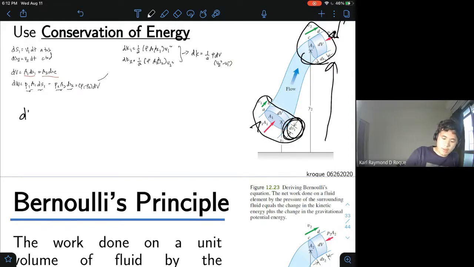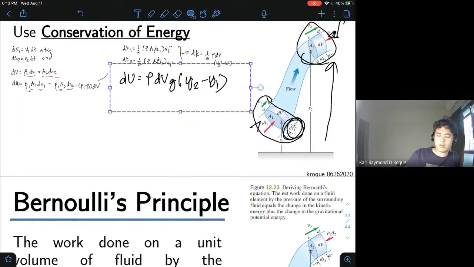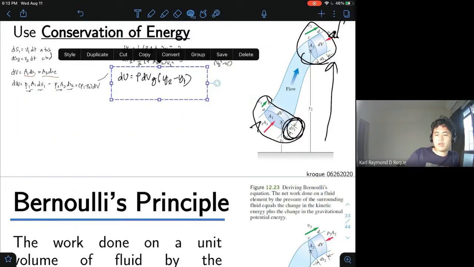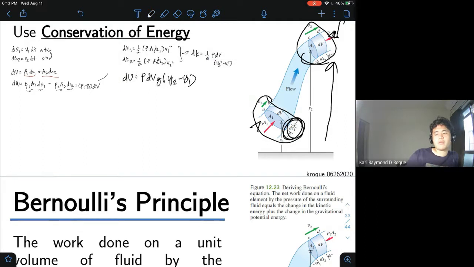The mass is rho dV, so it is rho dV g times (y2 minus y1), or rho g h. We don't care about the path, because we just look at the final and initial states.